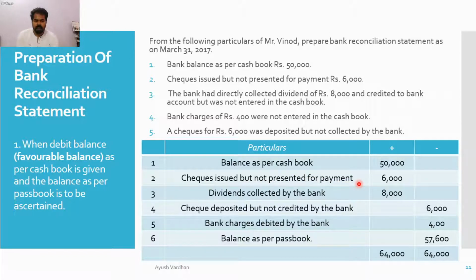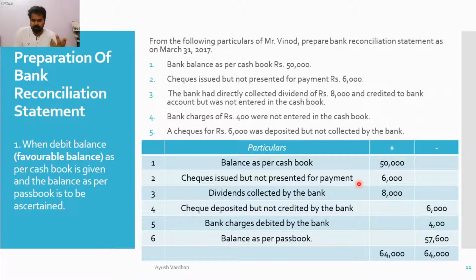So what happens here is the check has been issued by Mr. Vinod to Mr. Ram. Now Mr. Ram is not going to the bank on the same day.